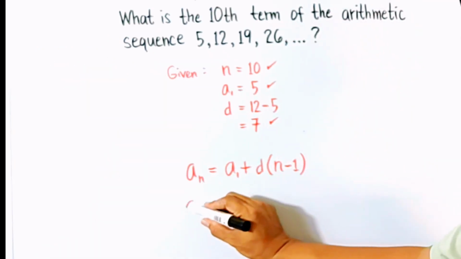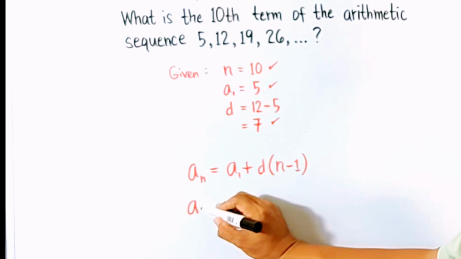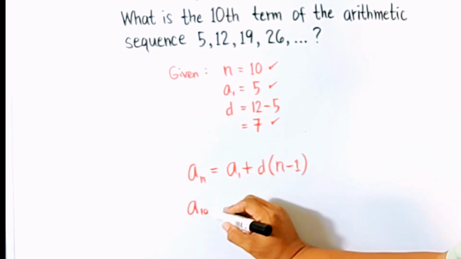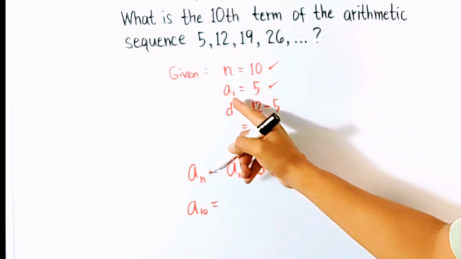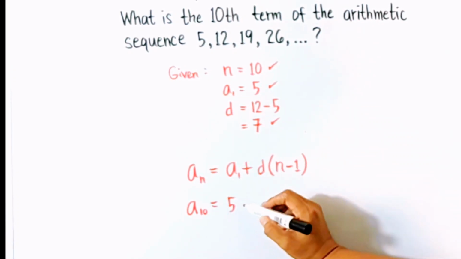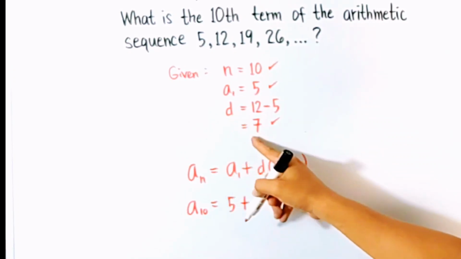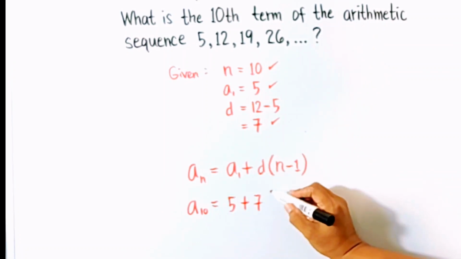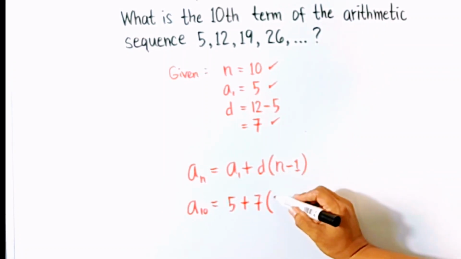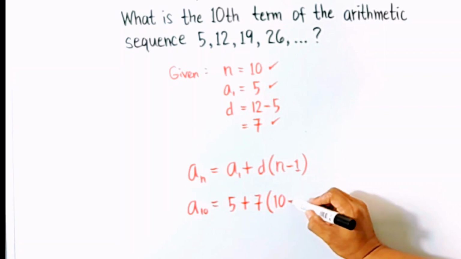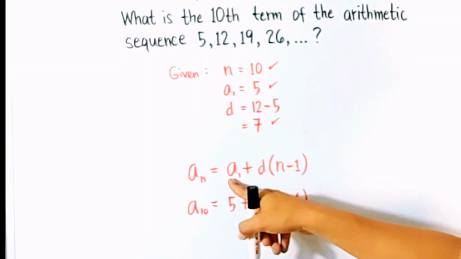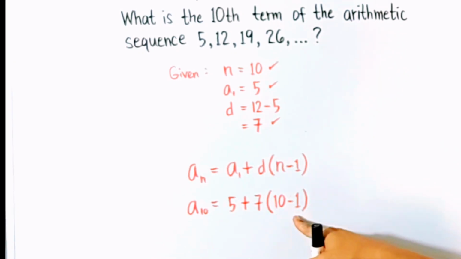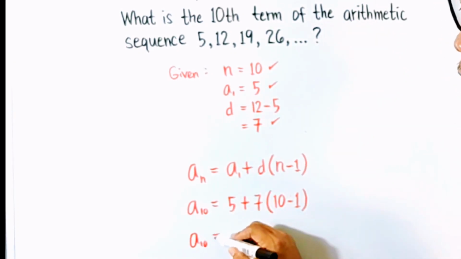Instead of a sub n, you are going to write a sub 10, so n becomes 10 because that's the value of n. The first term is a sub 1 as 5 plus the common difference 7, again with n as 10 subtracted by 1. All letters become numbers. Then, you just simplify it.